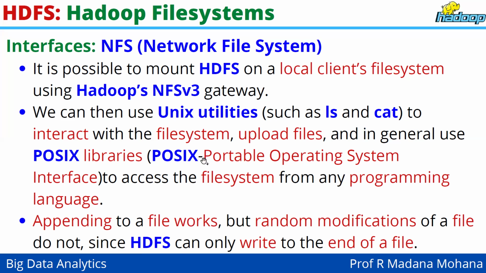Here, POSIX is the Portable Operating System Interface, to access the file system from any programming language. Appending to a file works, but random modifications of a file do not, since HDFS can only write to the end of a file.